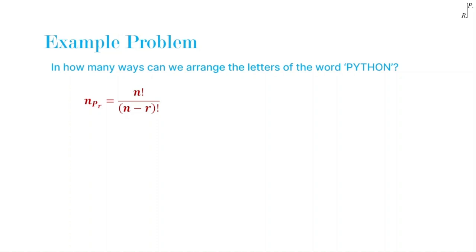Now, since we are taking all the 6 letters and finding the possible arrangements, r is equal to n. Then it becomes 6 factorial upon (6 minus 6) factorial, which will be equal to 720 ways. Therefore, this is our solution.